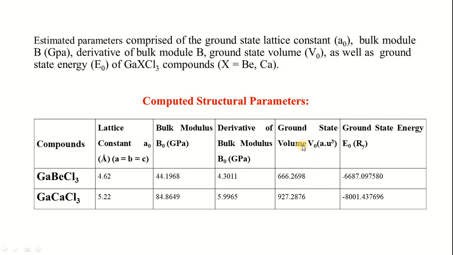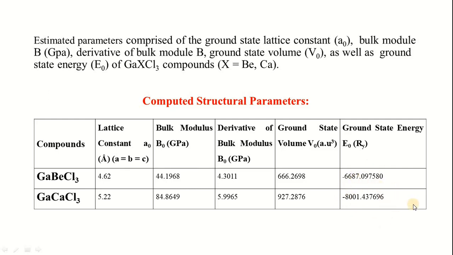Similarly, the ground state energy, which is very important for both of the compounds: for gallium beryllium trichloride, the ground state energy is minus 6687.09, and for GaCaCl3, which is gallium calcium trichloride, the ground state energy is minus 8001.43.